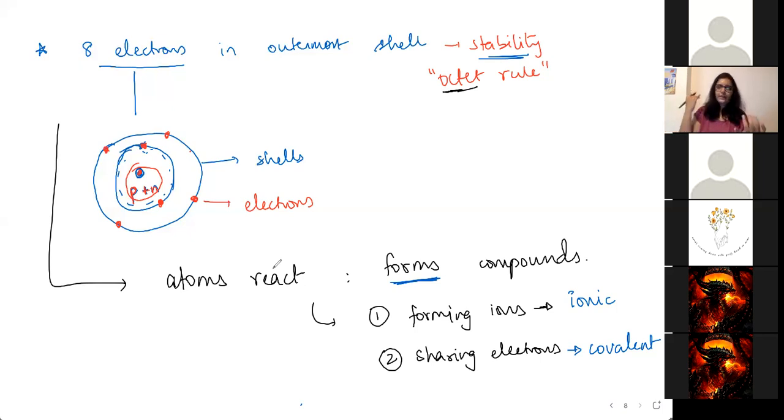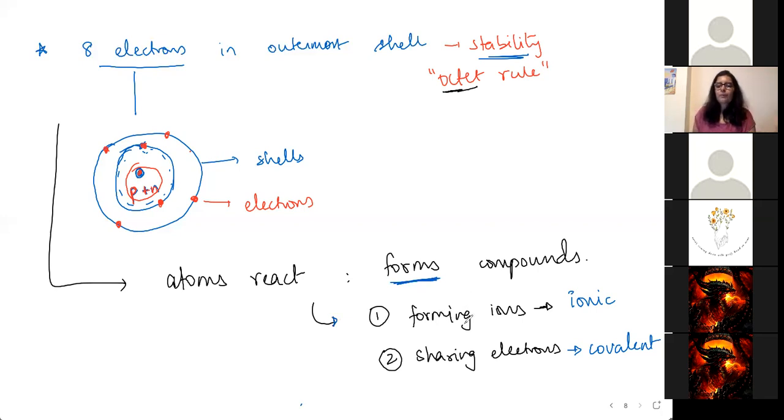That's the whole reason you have compounds. Like that's the whole reason you have water, carbon dioxide, carbon monoxide, methane, all of the compounds. Okay, so how do they react? How do they form compounds? Either they lose or gain electrons.